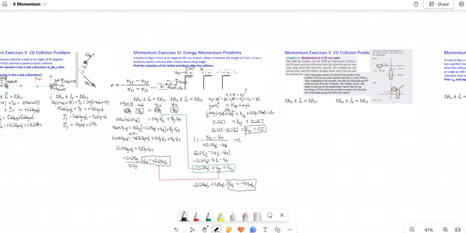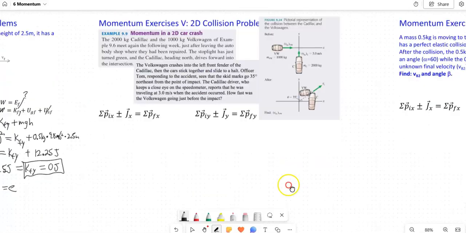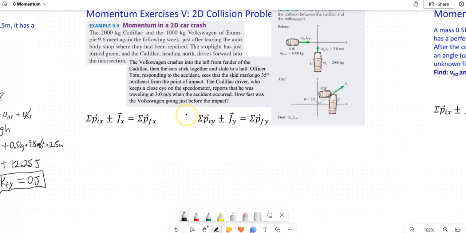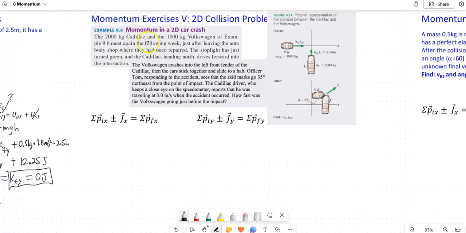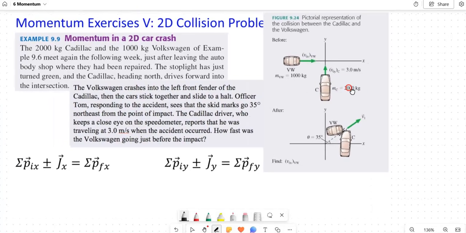So just basic momentum problems with elastic collisions and inelastic collisions with two objects in 2 dimensions. Okay? So we're going to start off right here. Okay. So here we go. We have a problem where they basically say we have a 2,000 kilogram Cadillac, and it looks like it's moving in the positive y direction at 3 meters per second.